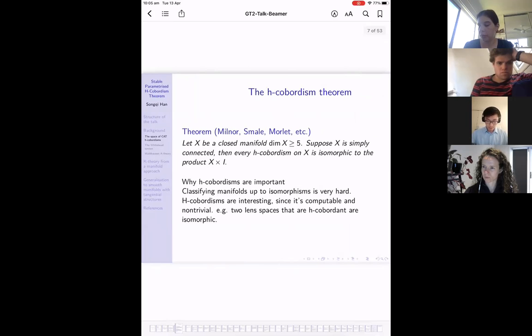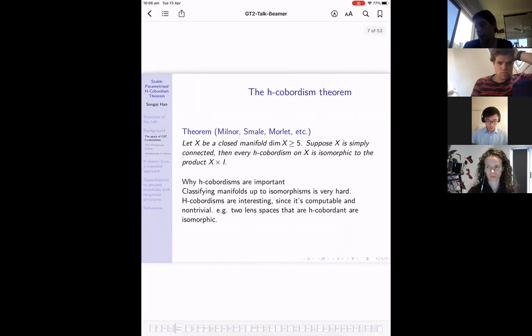So why are h-cobordisms important? Because generally classifying manifolds up to homotopy equivalences or up to isomorphisms is very hard, which is why weaker classifications than isomorphisms are studied. For example, h-cobordisms. H-cobordisms are interesting because they are not only computable, but also non-trivial.